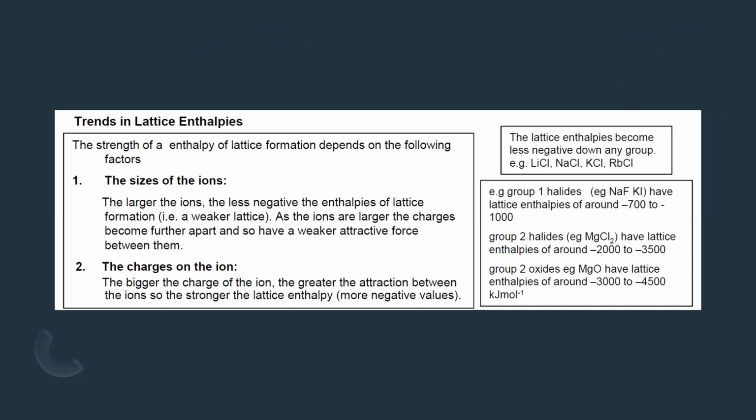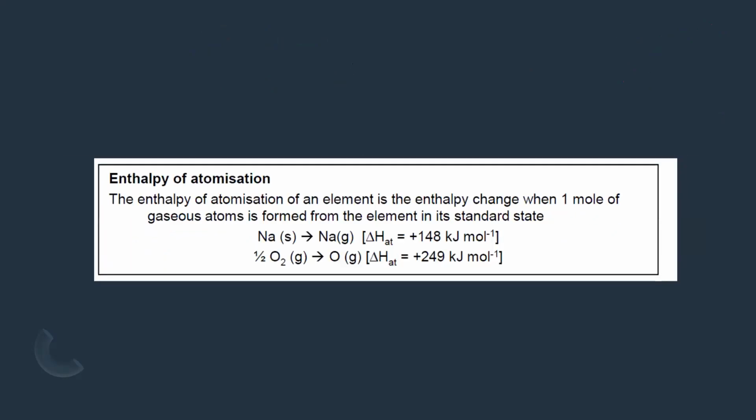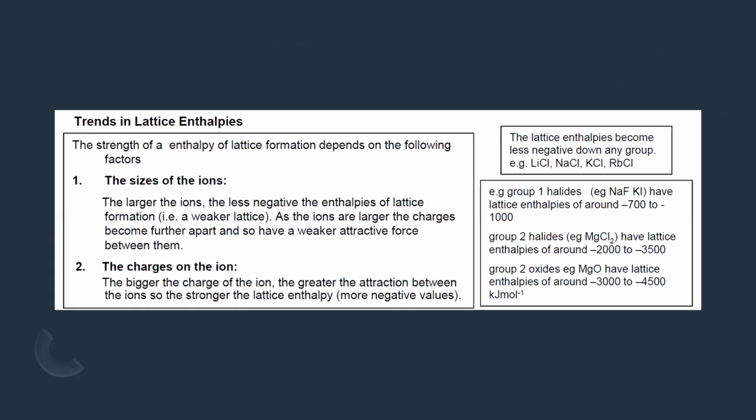So this is the main concept of lattice energy: the lattice energy means when ions in the gaseous state form the compound, and the lattice energy is higher depending on the size of the ions and the charge of the ions.